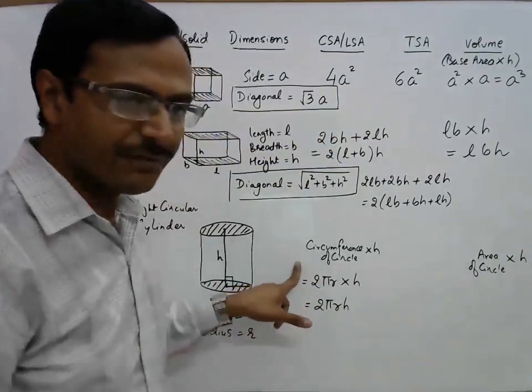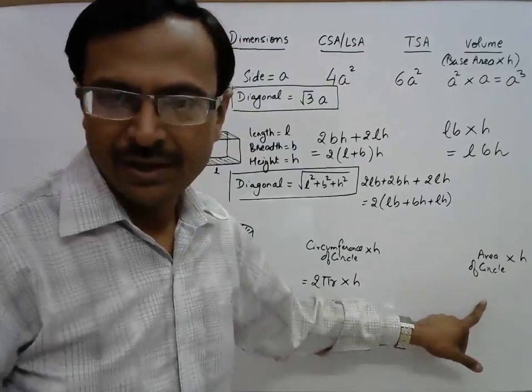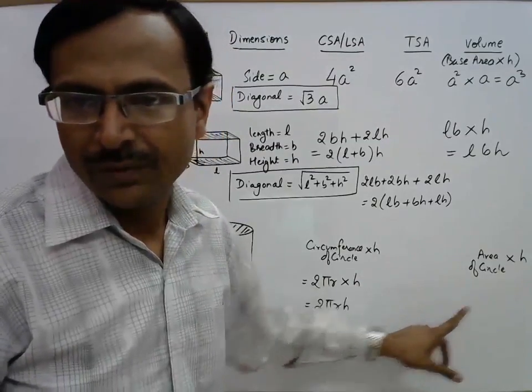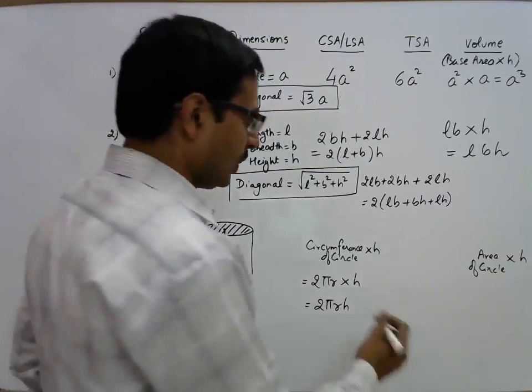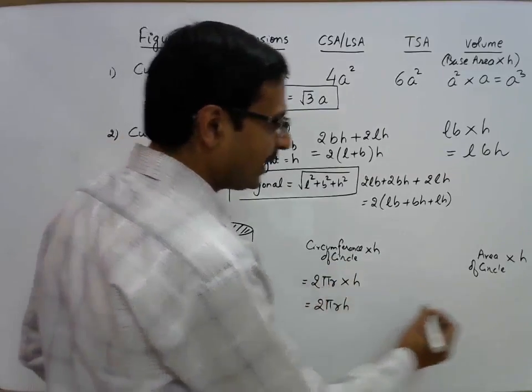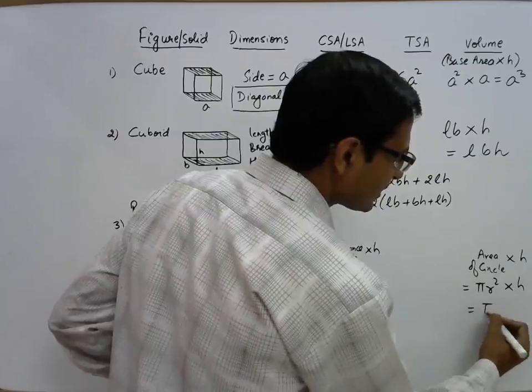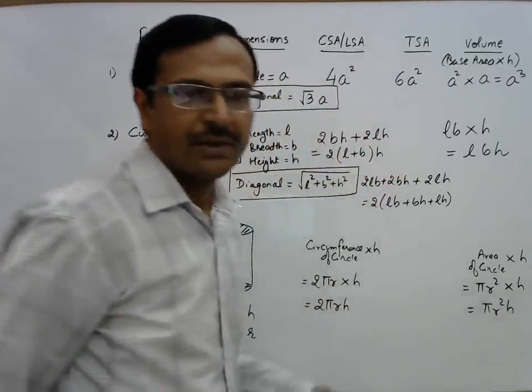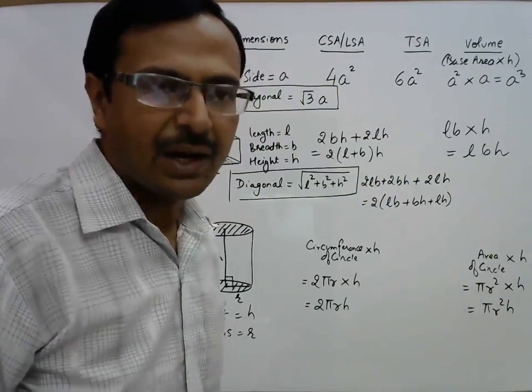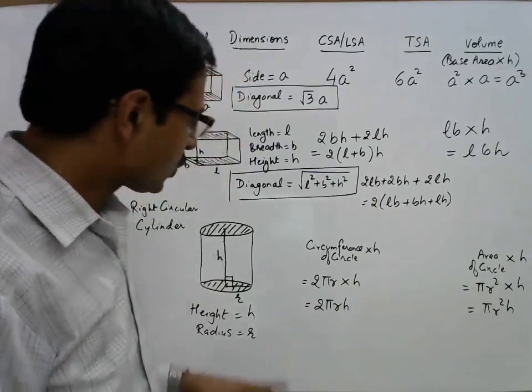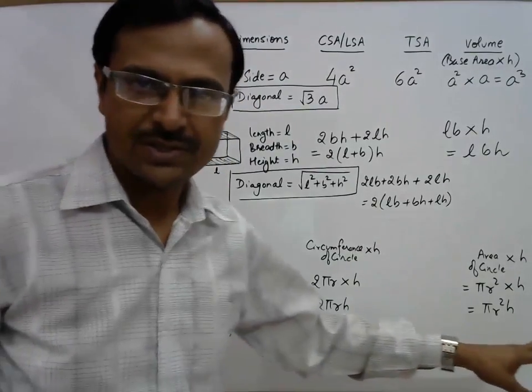Here we have the circumference and here we have the area, so these two are different. Here we have 2 pi r and here we have pi r square. So pi r square into h gives the volume of a cylinder. The formula comes out to be pi r square h. So 2 pi rh and pi r square h.